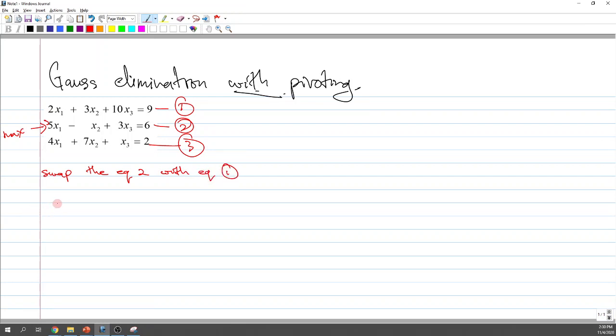Okay, so we rewrite again the equation: 5, negative 1, 3, 6, and then 2, 3, 10, 9, and then this one is 4, 7, 1, and 2. Okay, I think better we rewrite again. So equation 2, equation 1 and then equation 3.